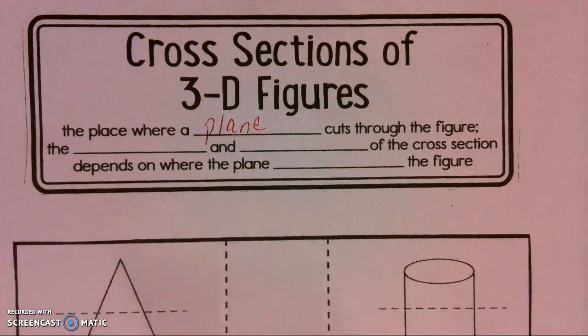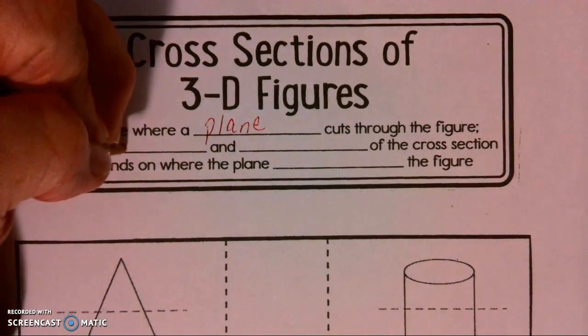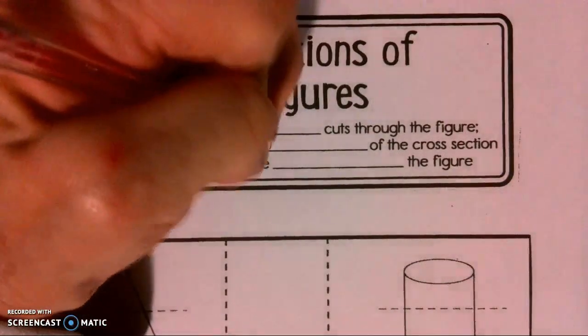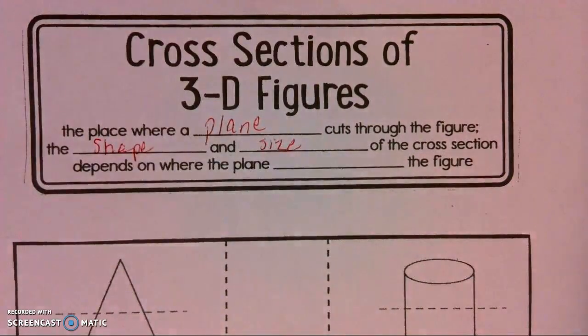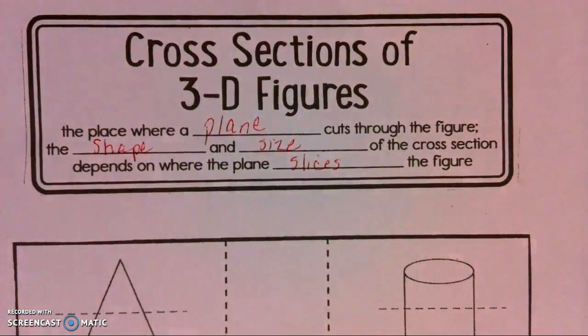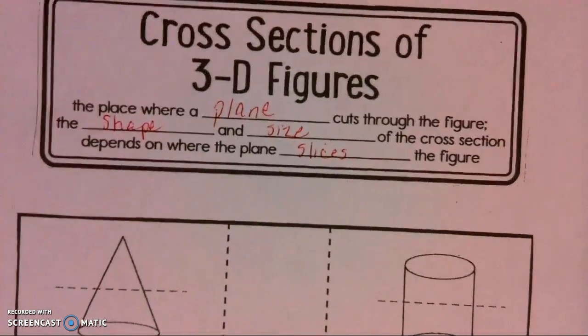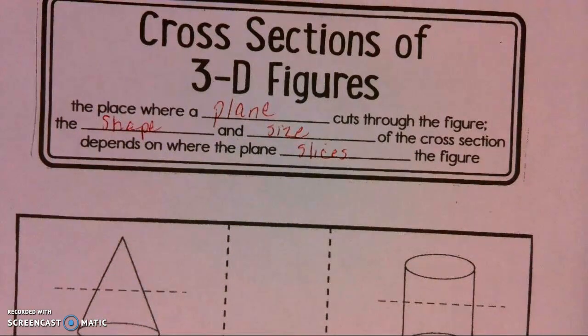So when I cut through this figure, the shape and size of the cross section is going to depend on where the plane slices the figure. Now, when we work with cross sections, there's something you need to remember about the 3D shape.